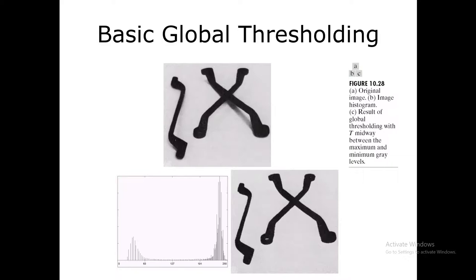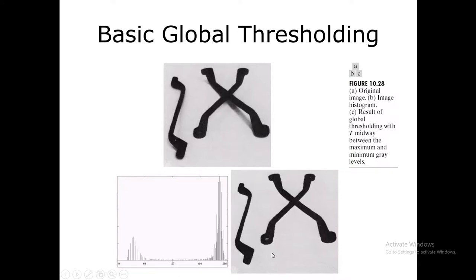In this segmented image the objects are dark and the background is white. Naturally, in this case we will have a histogram like this. Now if we choose the threshold t at 127, we get this image.